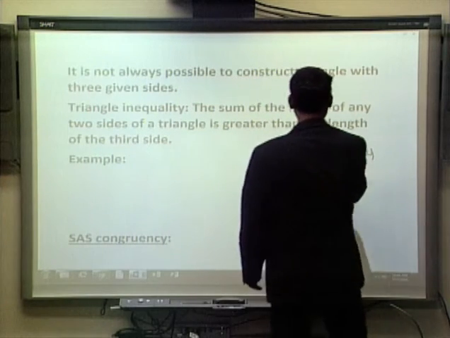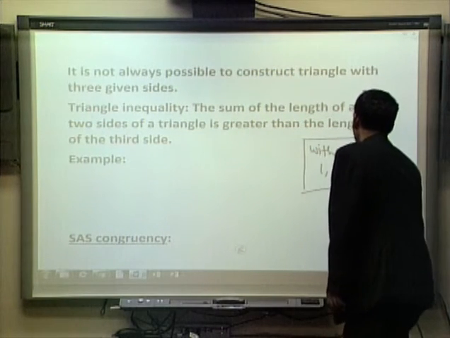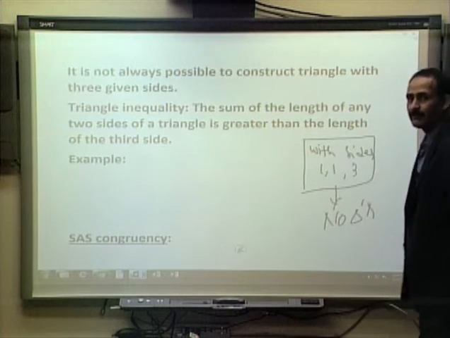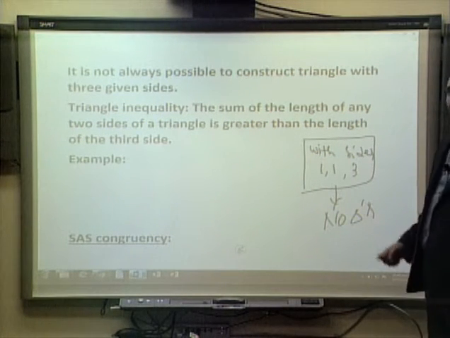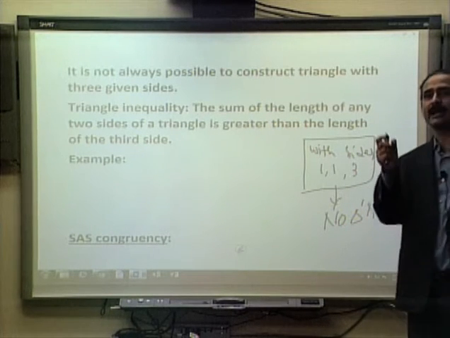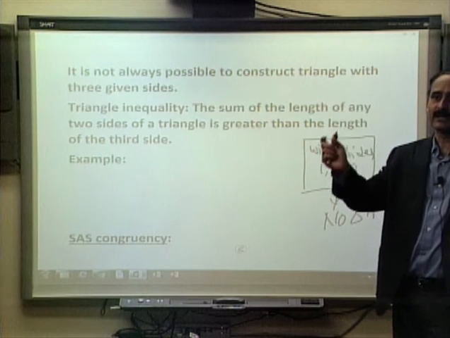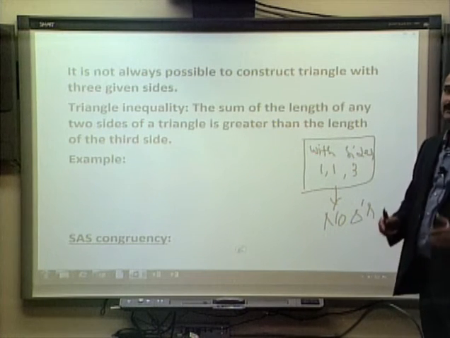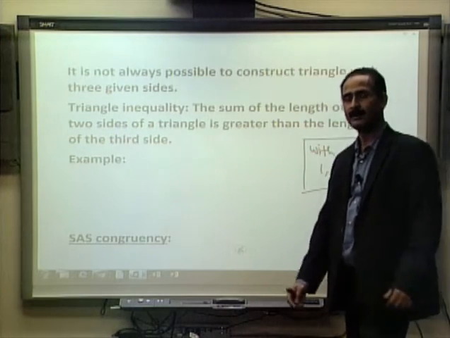This is the requirement. With this requirement, no triangle can be constructed. We cannot construct a triangle whose one side is 1 centimeter, the second side is 1 centimeter, and the third side is 3 centimeters.